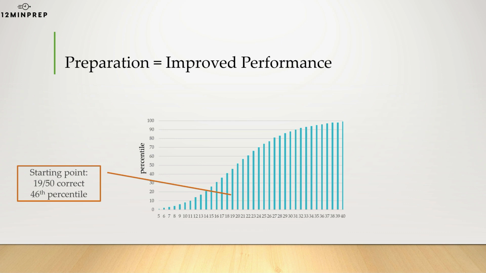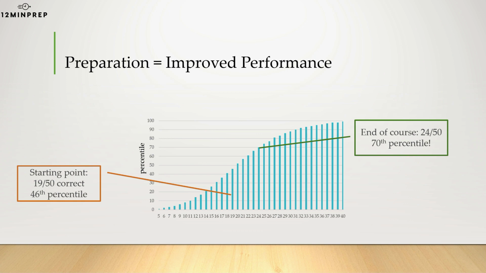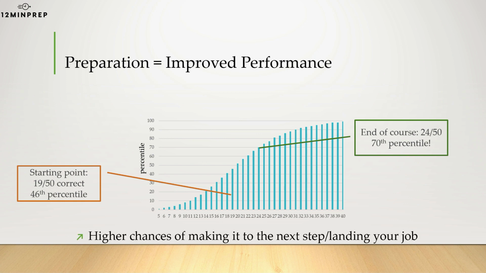Completing a course with a thorough review of each question type, teaching him how to shortcut his response times and spot the traps more easily with practice examples, and then having him complete full-length simulations that let him train in real test conditions, can get him to score 24 questions correct, which is above 70% of the population. That is, with the help of preparation, John got past almost 30% of the population of candidates, and this is a modest success story on my website. Even if we take a much more modest scenario, there's absolutely no advantage in running into this test unprepared.